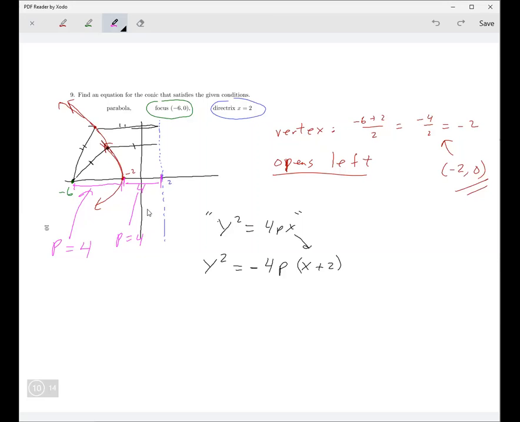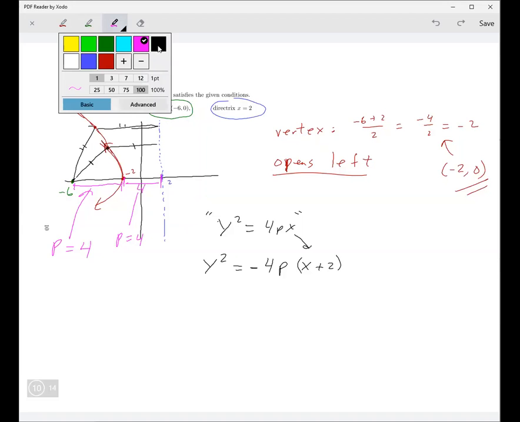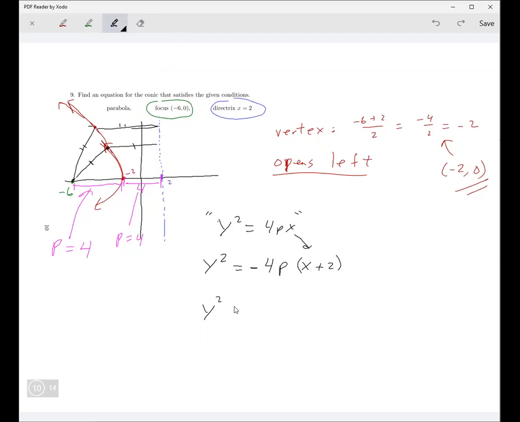Those distances are going to be the same. So that means that P is 4, so you replace this with a 4. So y squared equals -16 times x plus 2.